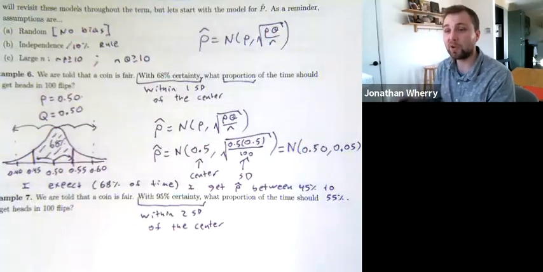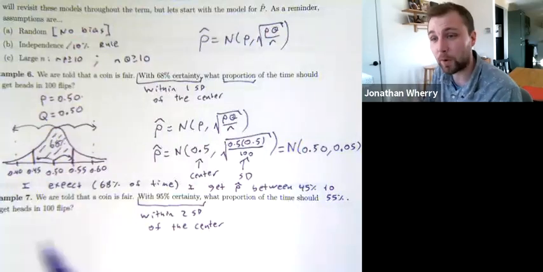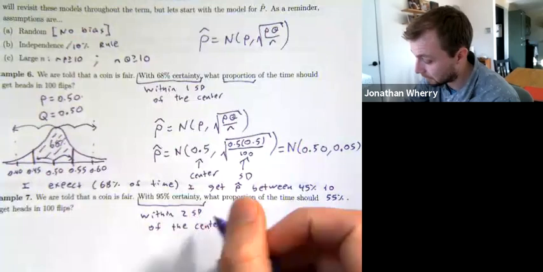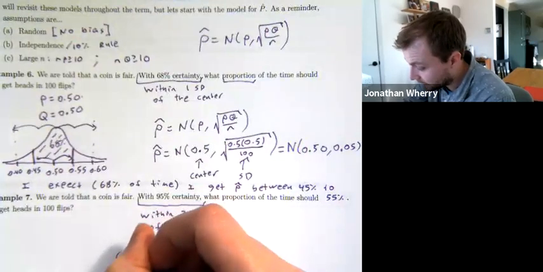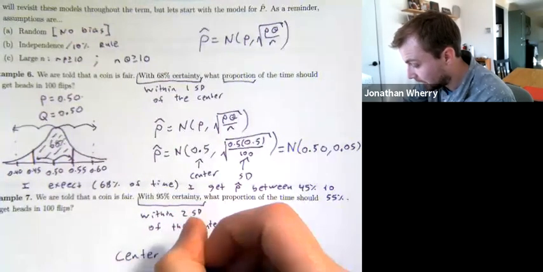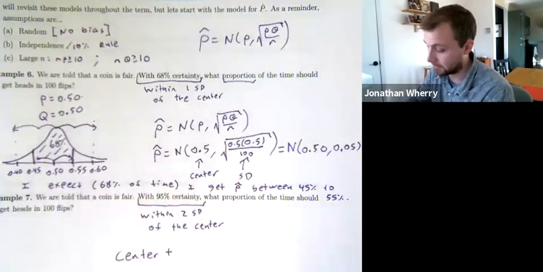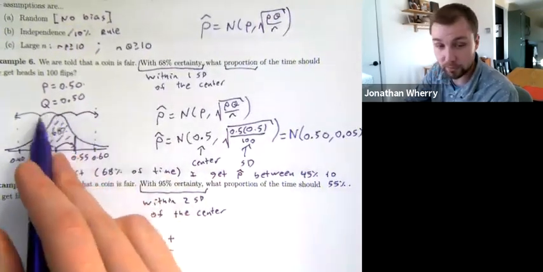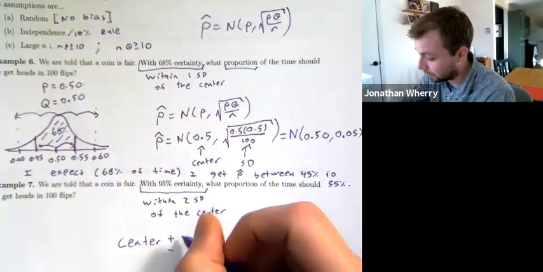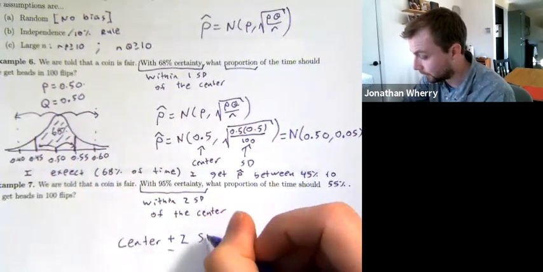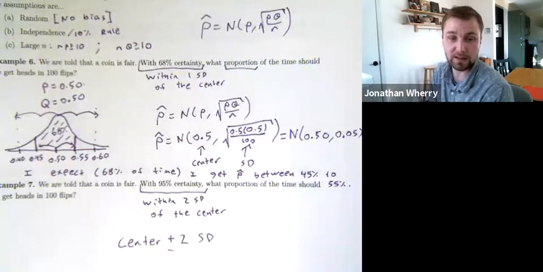Now, as these get more complicated, it might help to have a formula for what I'm working with. So notice really what's going on here. I started at my center, and I'm going to add to go in this direction, and subtract to go down in this direction, 2 of those standard deviations that I'm counting by.